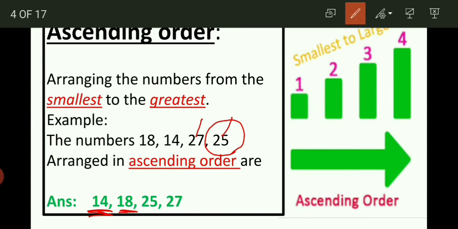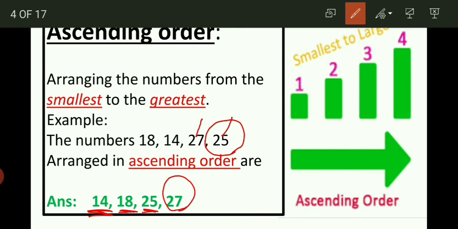So the next number that we are going to write is 25, because after 18, the little bit greater number we have to write. So 25 is a little bit bigger or a little bit greater, but not 27, because in this series 27 is the largest or the greatest number over here.